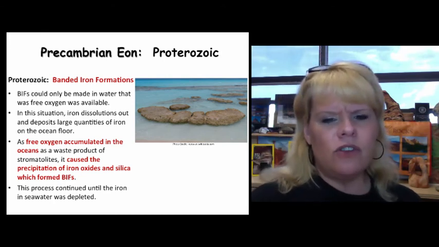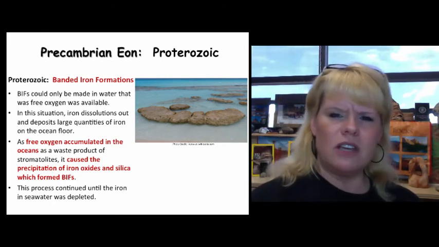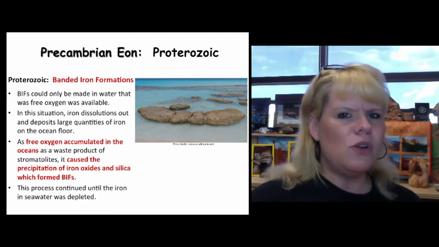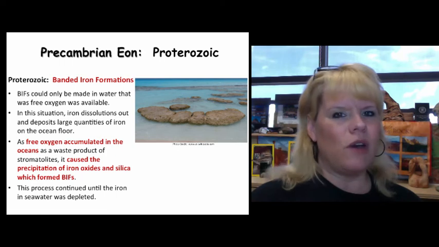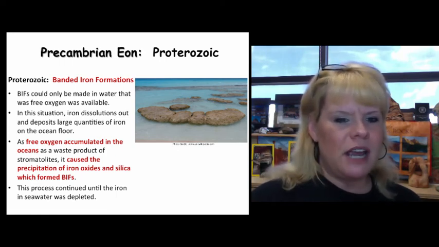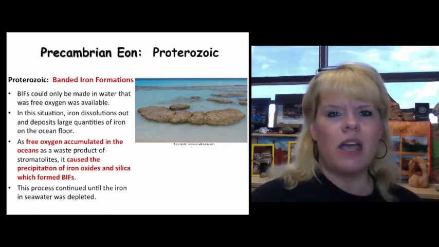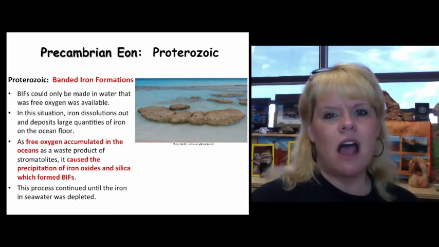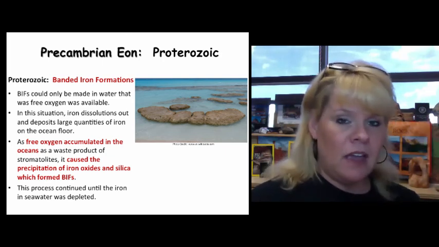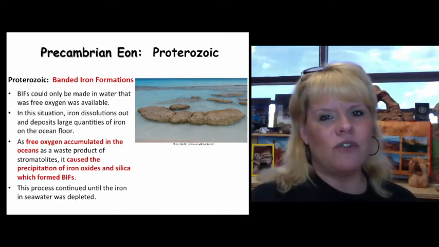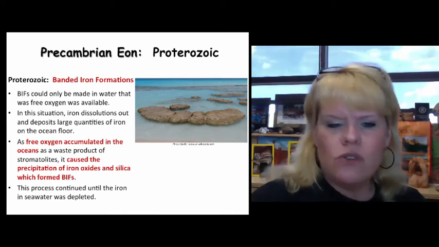So as iron precipitates out and deposits thick quantities of it at the bottom of the ocean floor, it's only going to do it as long as there's iron readily available in the water to do so. Once we have precipitated all of it out, the oxygen will then start to rust rock and eventually go up into our atmosphere and create an oxygenated atmosphere, which ultimately will lead to an ozone layer.